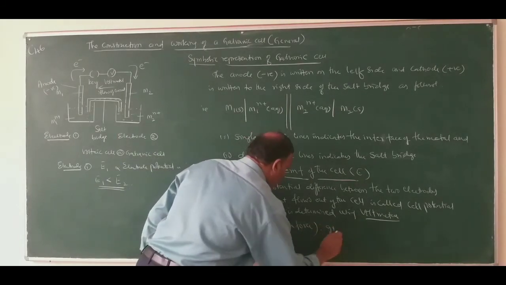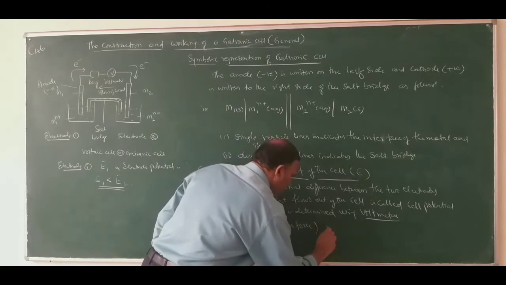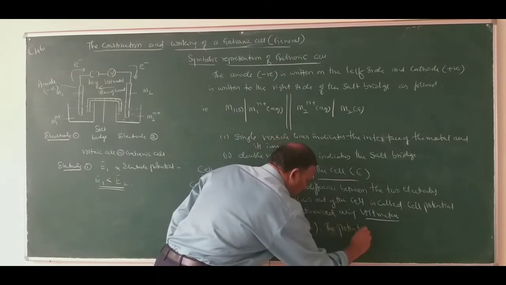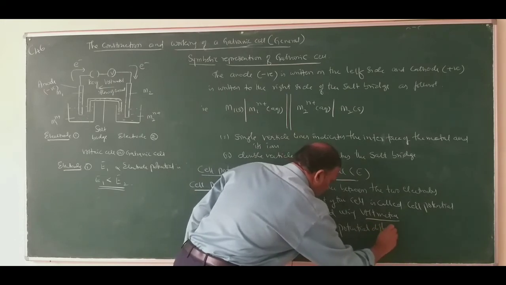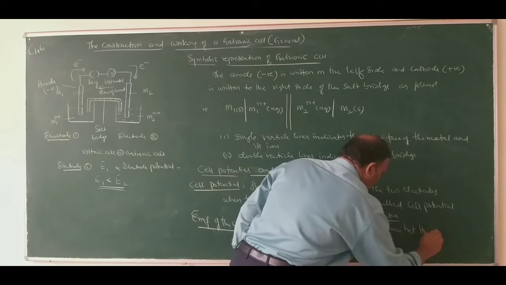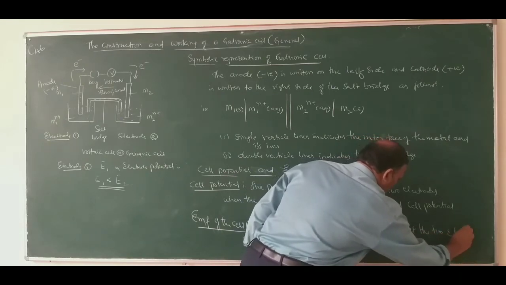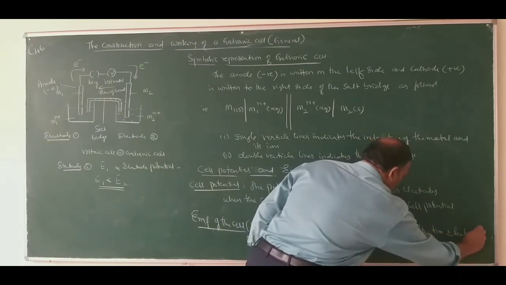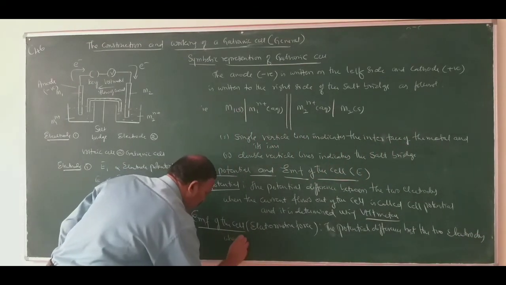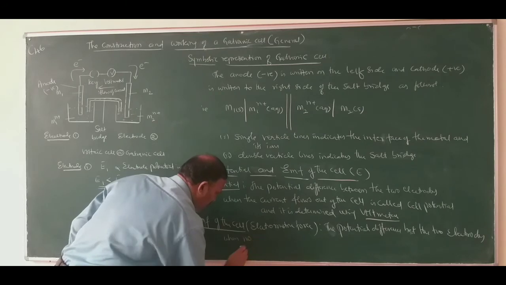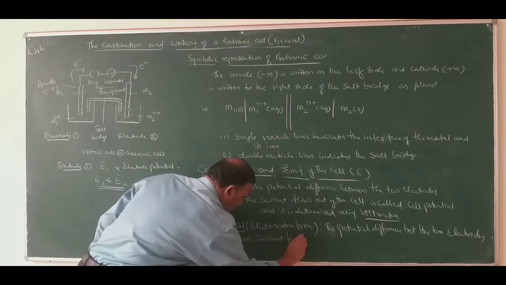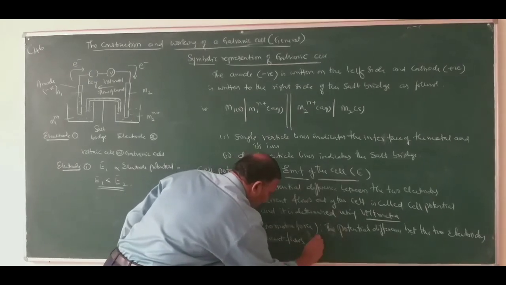It is also the potential difference between the two electrodes when no current flows out of the cell.